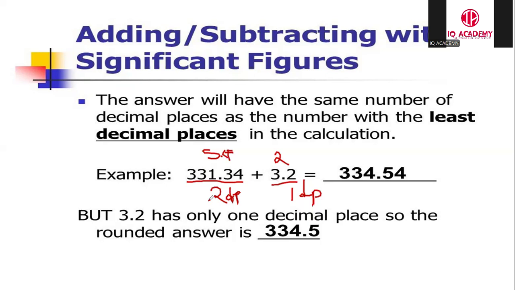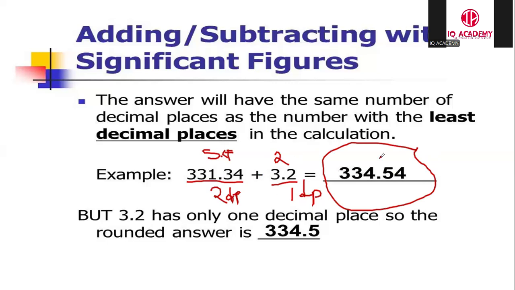This one had 2 decimal places and this one had 1. So when we add this, we actually get this as your actual answer, right? But when giving it as your final answer, you have to make sure that this number has 1 decimal place. Why? Because one of the numbers that we are adding had 1 decimal place.